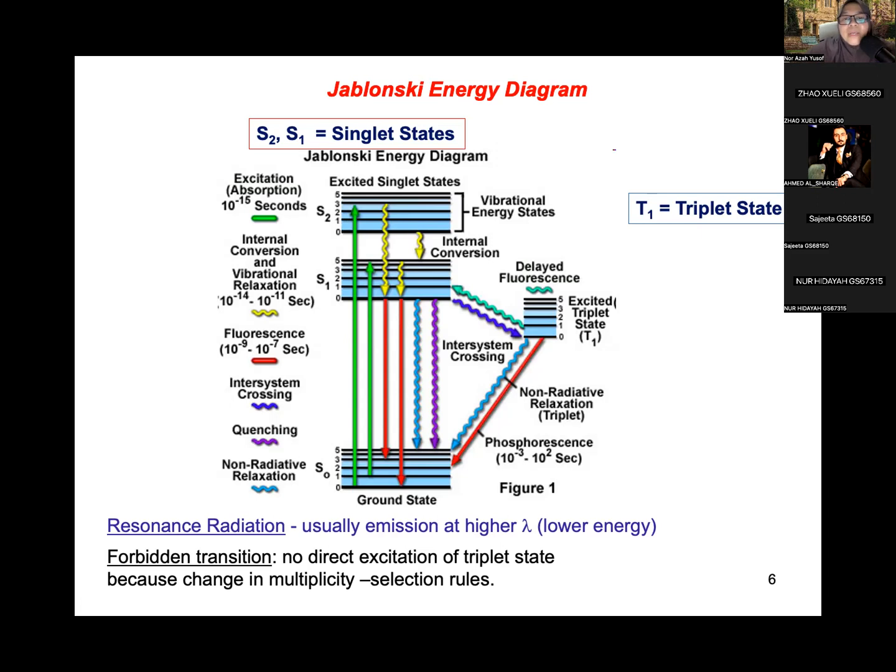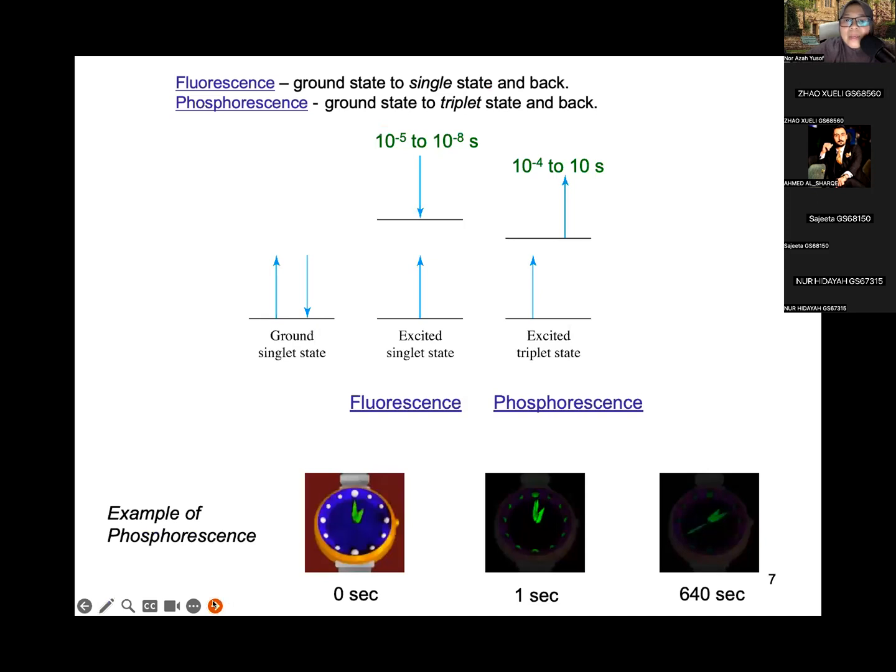Please read on this Jablonski energy diagram, because this is not the subject where I teach the Jablonski, but this is the difference. Fluorescence is very sensitive compared to UV-vis.